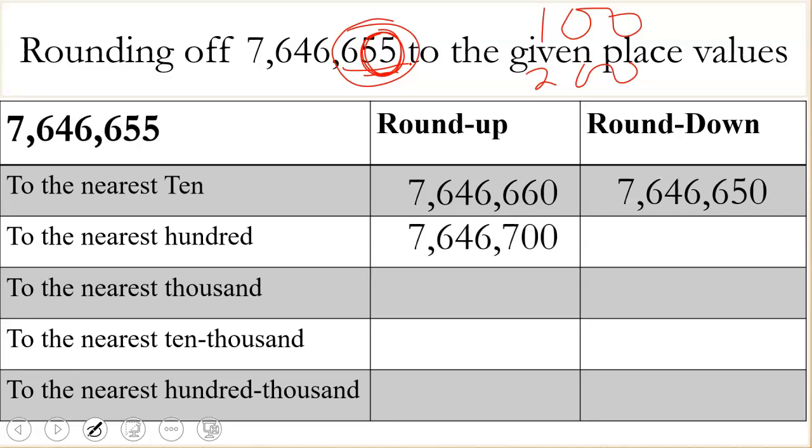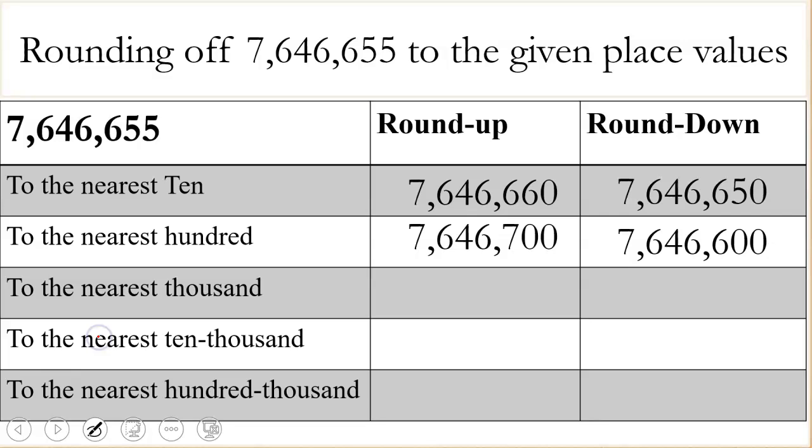So the answer becomes 7,646,700. Then when we are to come down, if it's not 700, then when it comes down, it's going to come down at 600. And so 7,646,600.